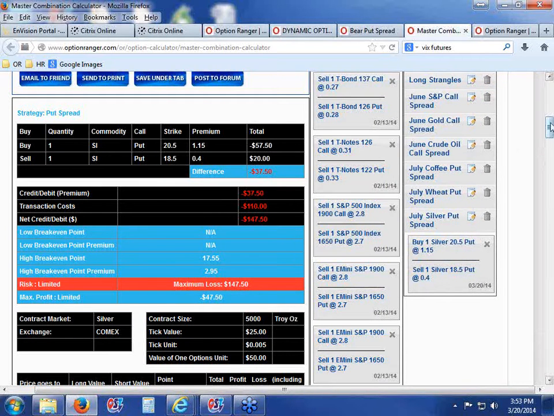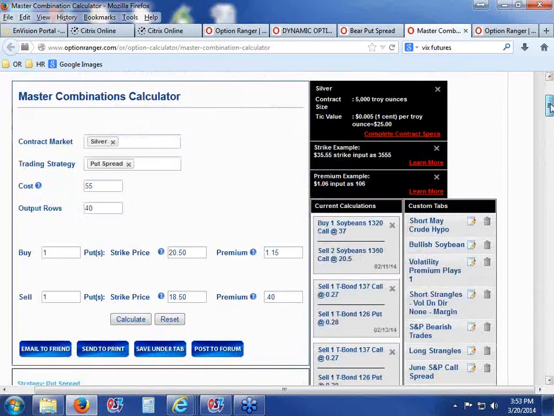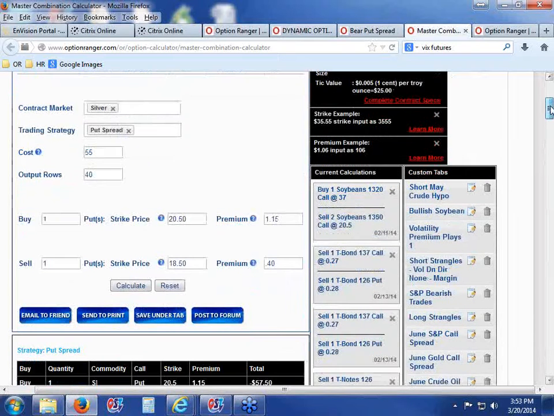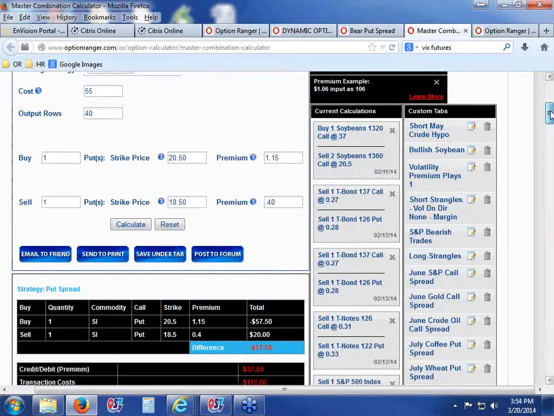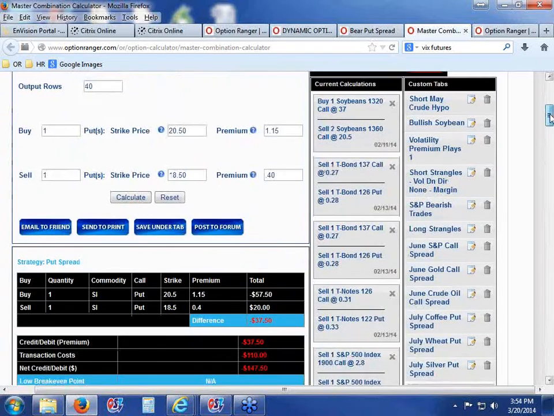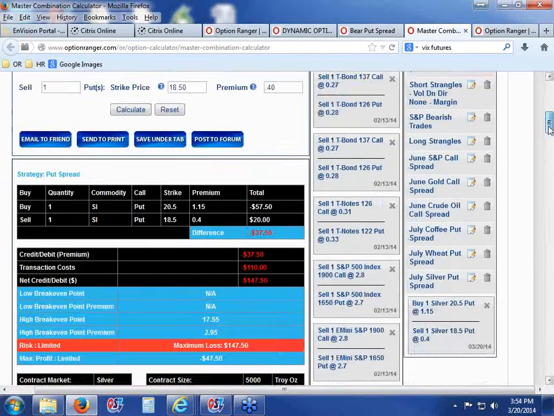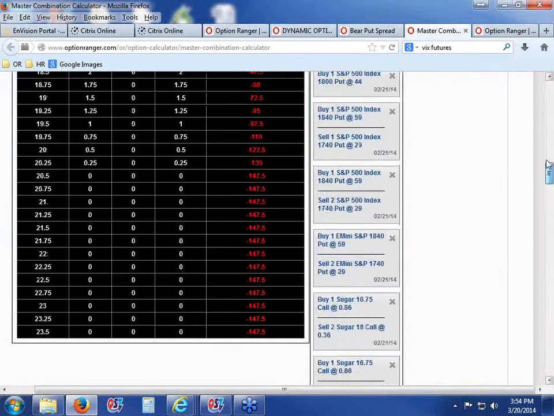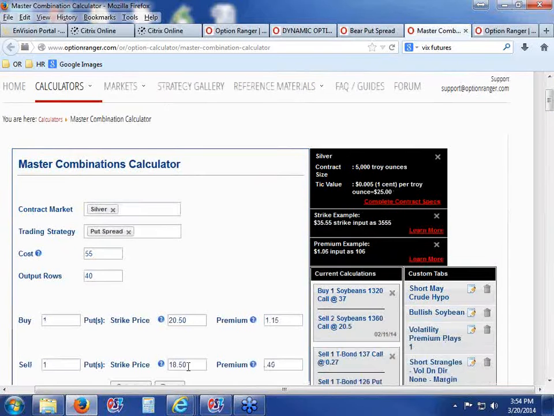Okay, in this particular case, let's have a quick look at silver. Okay, excellent. We're looking at a 20.5 put for 15, and so there's a sale again. As you can see, there's a 1-by-1 ratio. Otherwise, this would be a margin sale.